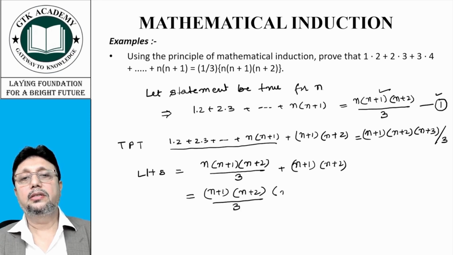So the remaining is n plus 3. This is what we had to prove.